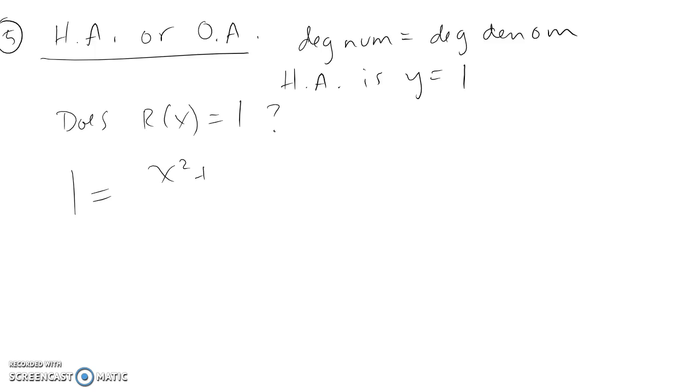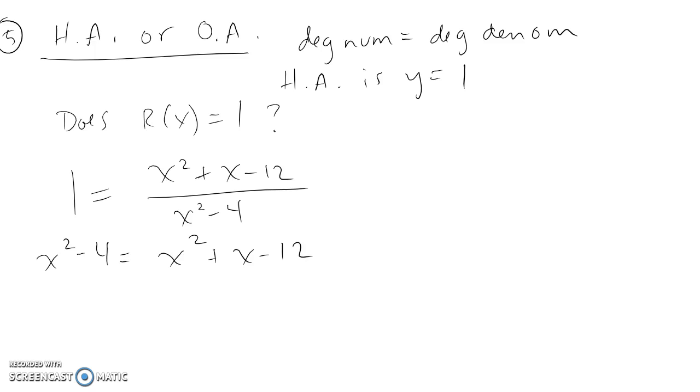I'm going to go back again to the non-factored form. This is always a little bit more straightforward to solve this equation. I'm going to see if there's an x where r of x is equal to 1. I'm going to multiply both sides times x squared minus 4. I end up with x squared minus 4 is equal to x squared plus x minus 12. We can subtract x squared from both sides. And then, of course, we can add 12 and we get x equals 8.